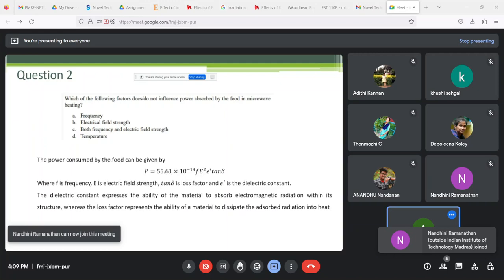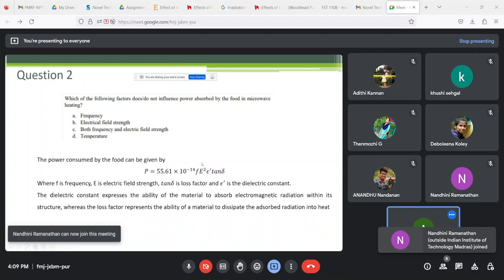Okay, so the power consumed by the food in a microwave can be given as P is equal to 55.61 into 10 power minus 14, F, which stands for the frequency of the electromagnetic radiation given, E square, which stands for the electrical field strength, epsilon dash, which stands for the dielectric constant, and tan delta, which stands for the loss factor. So frequency and electric field strength is a very straightforward concept.